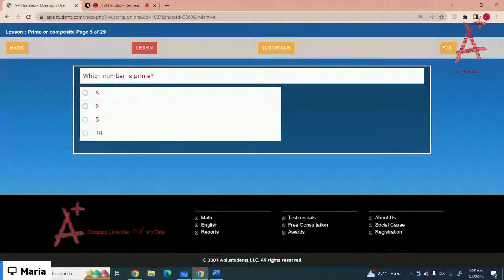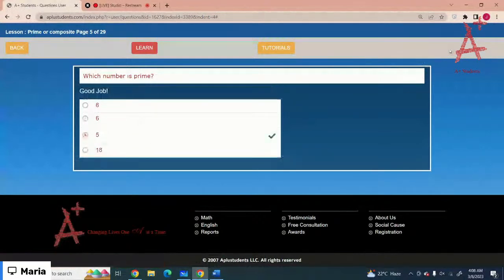Which number is a prime number? 8, 6, 5 and 18. Which is the prime number? 5 is the prime number. Got it? The rest of the numbers 8, 6 and 18 are composite numbers. Just 5 is a prime number. Got it?